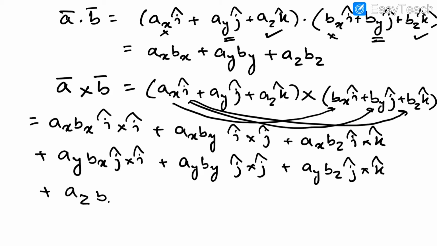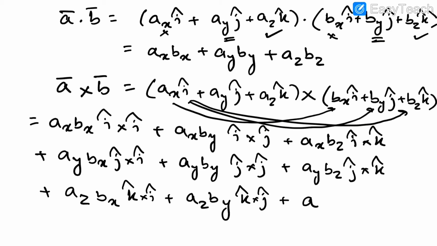It will get finished quickly, don't worry. az bx k cross i plus, remember the order is very important, that you please make sure you are not writing i cross k in terms of k cross i. It's not the simple multiplication of scalar, okay, or even dot product. In dot product, a dot b is b dot a. Right now we'll see that it's not the same. Just wait a bit. az by k cross j plus az bz k cross k.